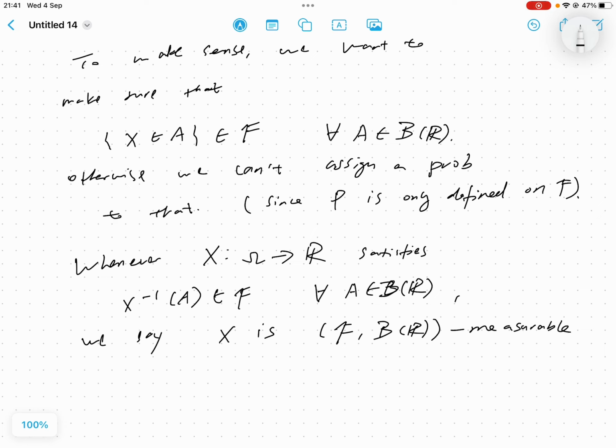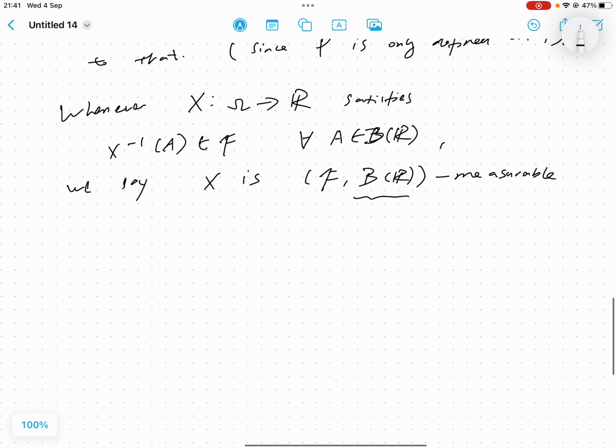And normally we can omit this Borel set here, so we can just call this F measurable, or just F measurable, okay? All right.